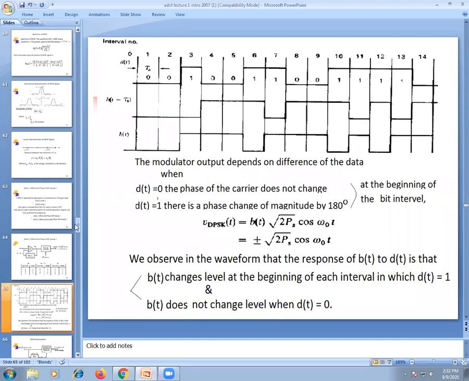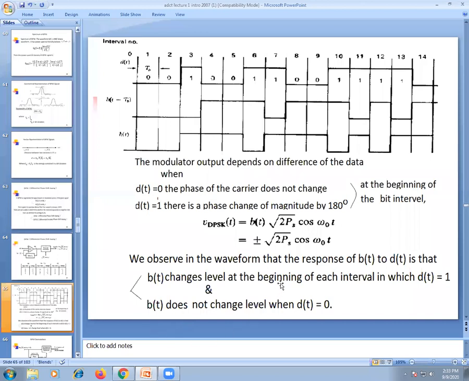Likewise, the phase changes 0 to 1 or 1 to 0. b(t) doesn't change its phase when d(t) is equal to 0. So this statement is very, very important.